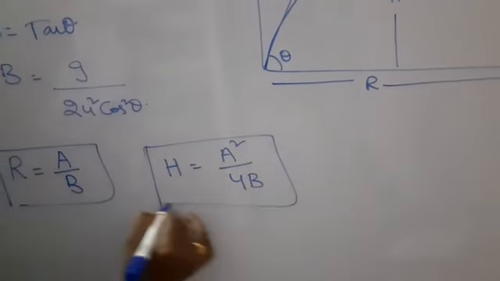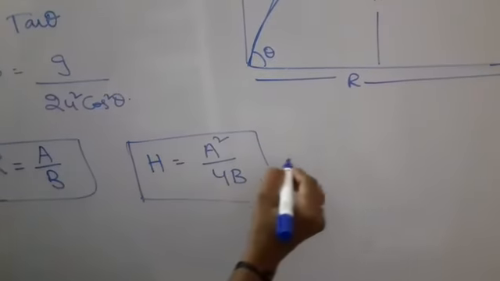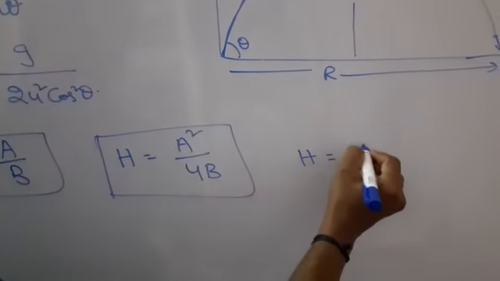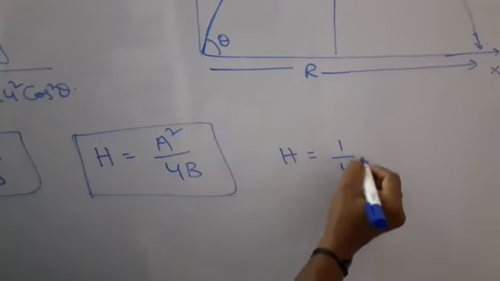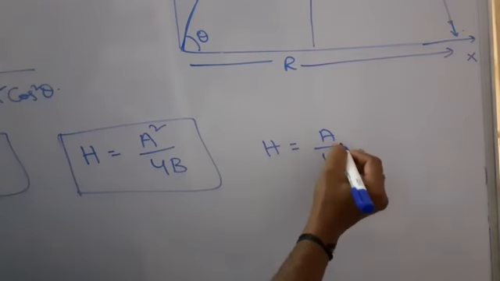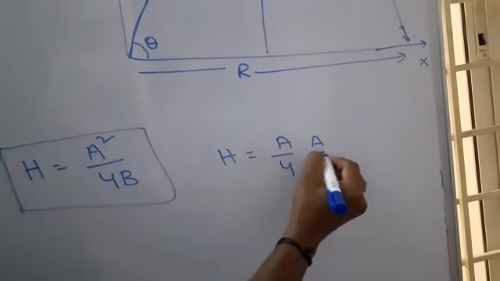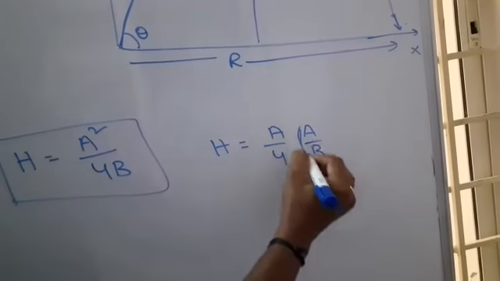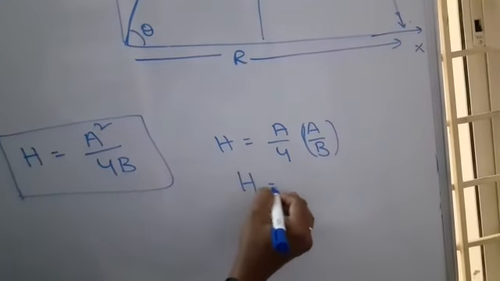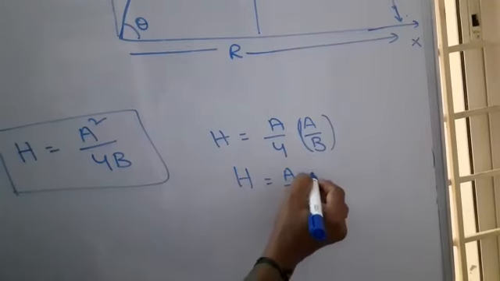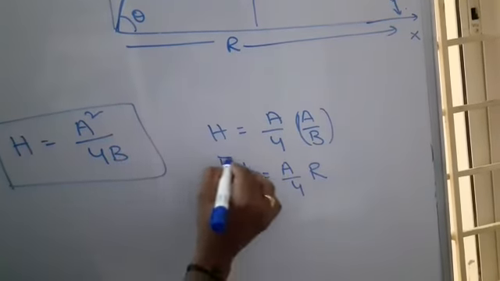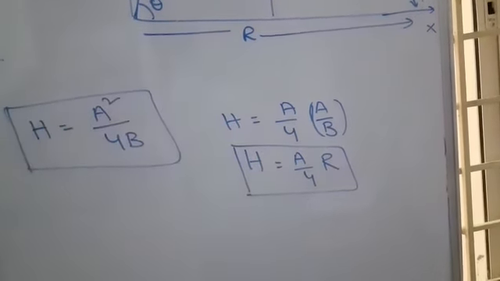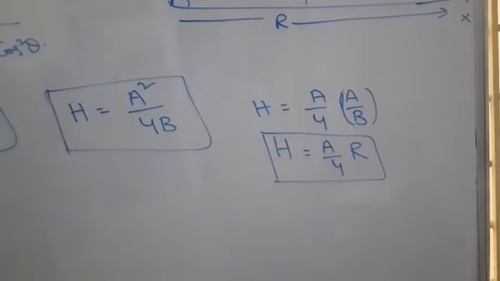From this, h is equal to a by 4 into a by b, therefore h is equal to a by 4 into r. This is one more relation between H and R.